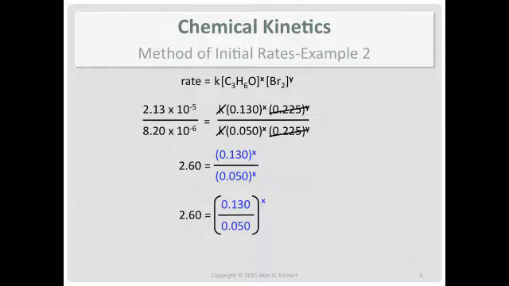That lets me do the division in the parentheses. So 2.6 raised to what power is 2.6? You see, it's not an integer, the 2.60, but you can do this. That's 1. So now we have the order with respect to acetone.